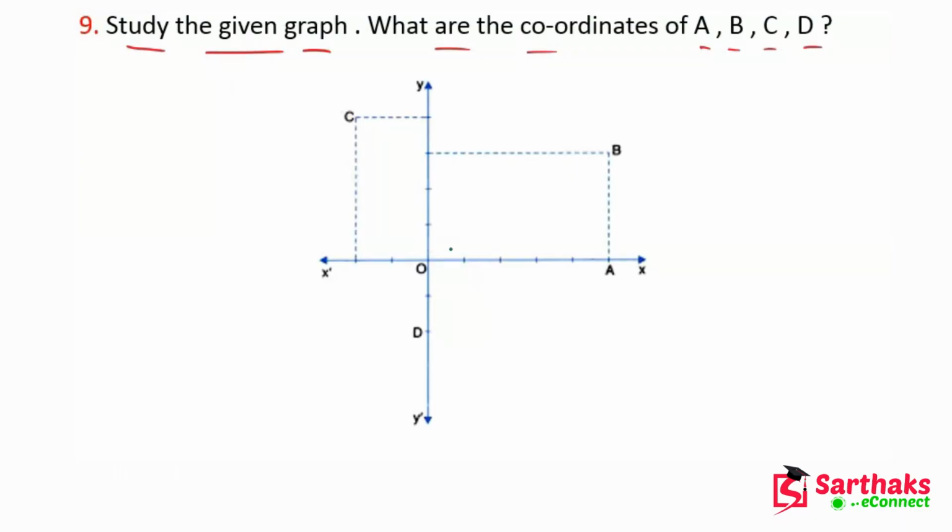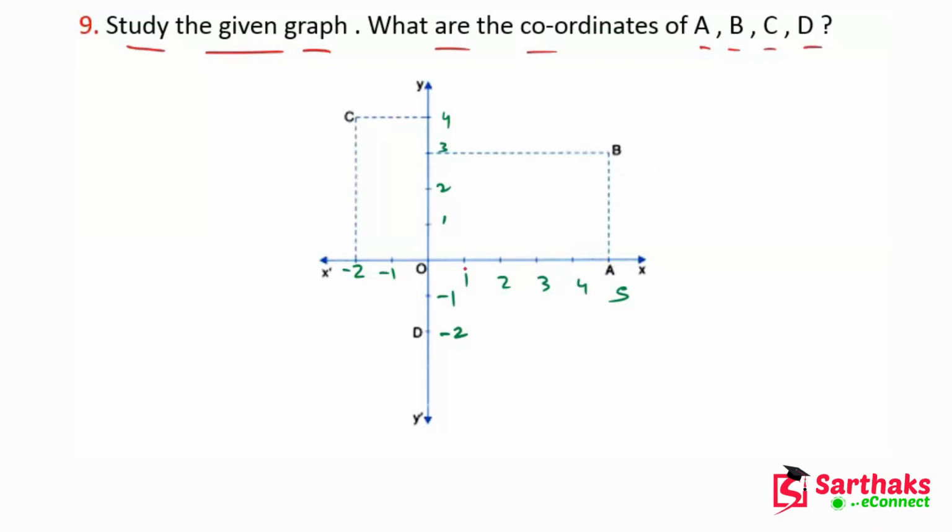Here is 0, then 1, 2, 3, 4 and 5, and here 1, 2, 3 and 4. Here are -1 and -2.